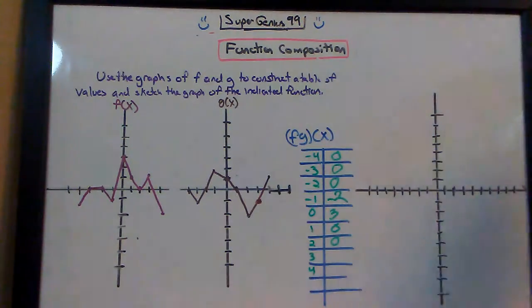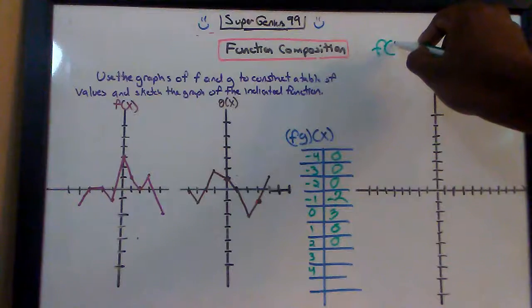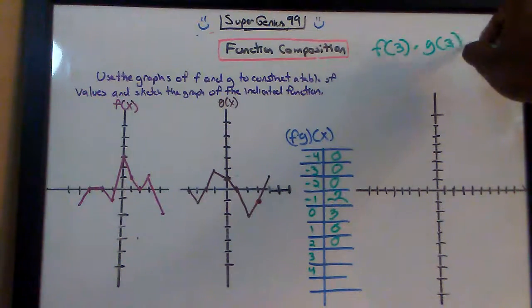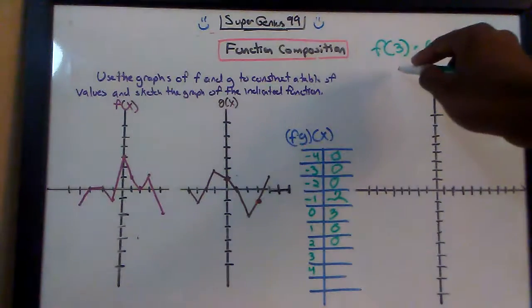Alrighty, moving on. The product of f and g at x equals 3, which translates to f of 3 multiplied by g of 3. What is the corresponding y value when x is 3 in the f function? When x is 3 in the f function, y appears to be positive 1.